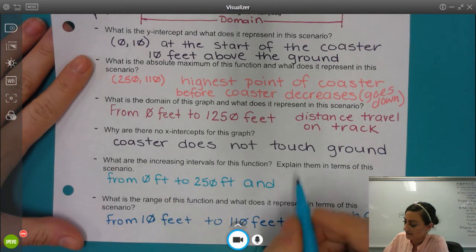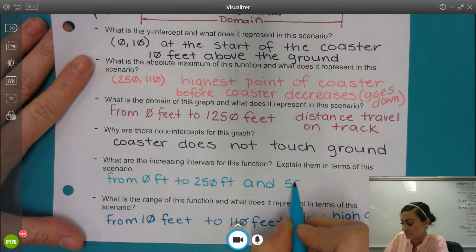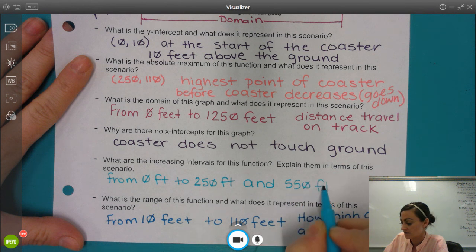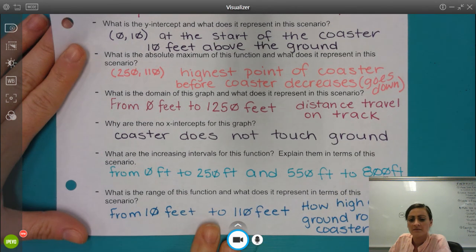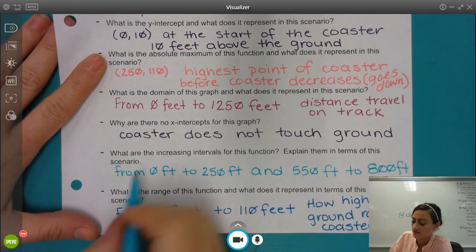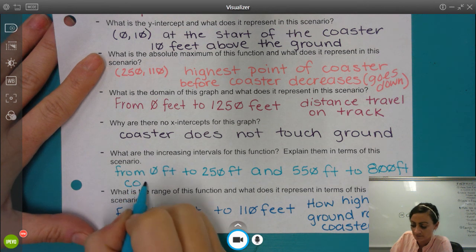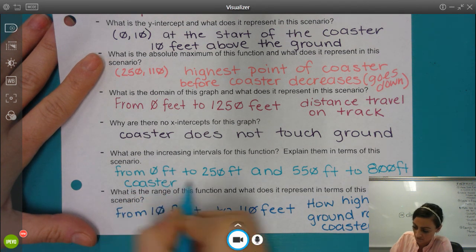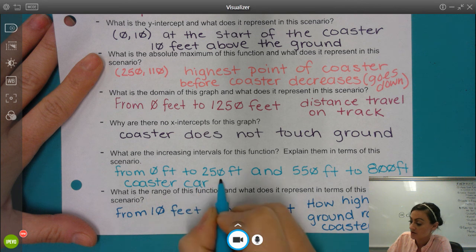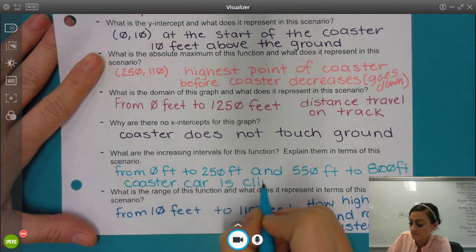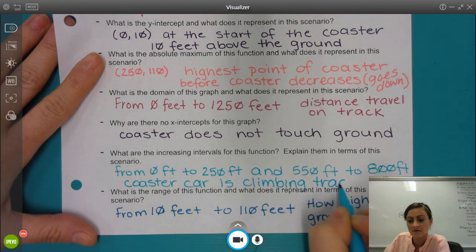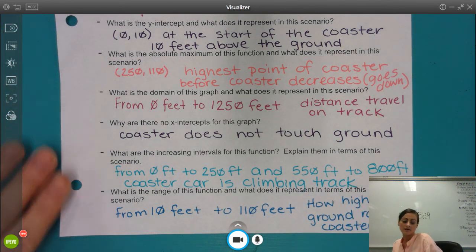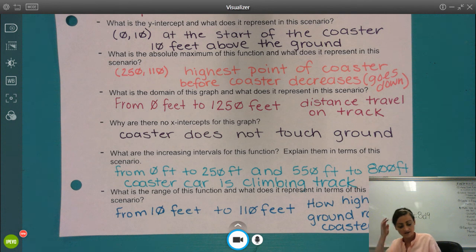So it started at 550 feet, and it went to 800 feet. And what that means for my roller coaster is that the coaster car is going up. You could say it's climbing. However you want to say it, it's going up on the track.